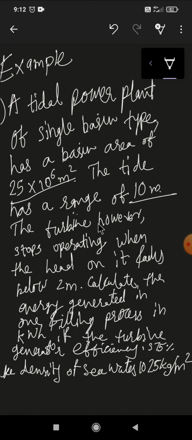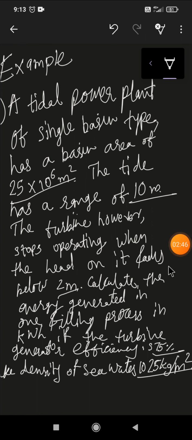The turbine however stops operating when the head on it falls below 2 meter. So that is small r is given. Calculate the energy generated in one filling process in kilowatt hour, if the turbine generator efficiency is 75% and density of water is 1025 kg per meter cube.